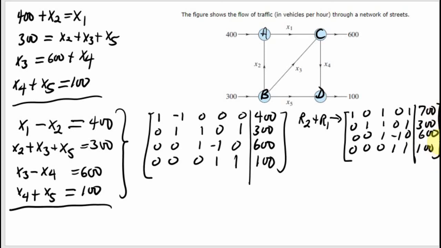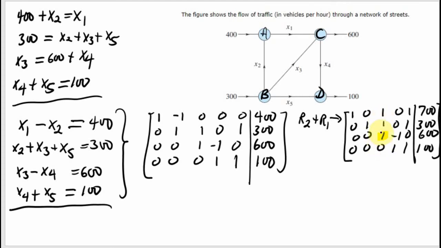So now, after that, we need to have, I wonder if this highlighter works, we need to get a 1 at A33. We have it. And so now, from there, we need to get zeros above it and below it.